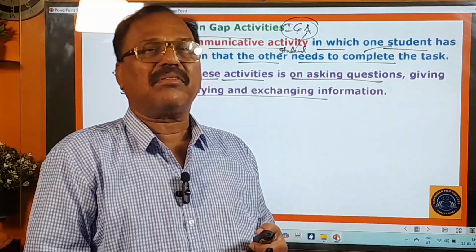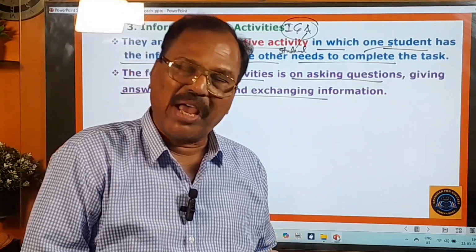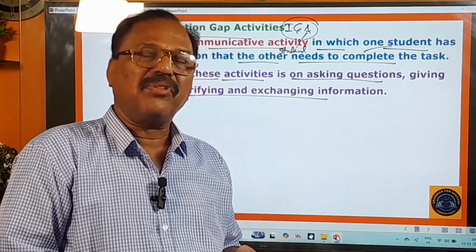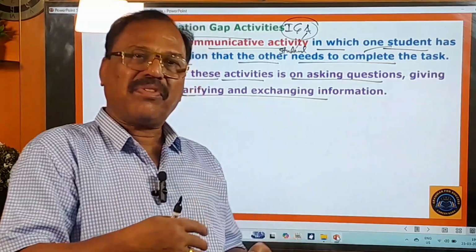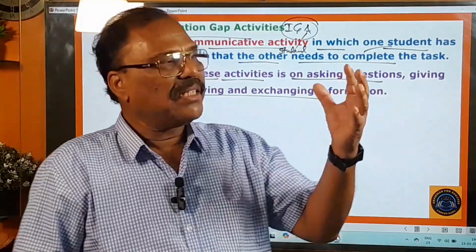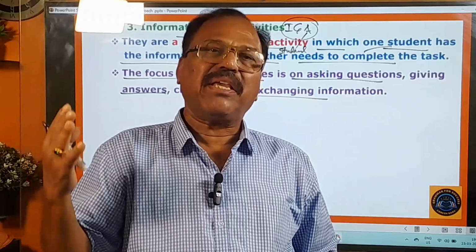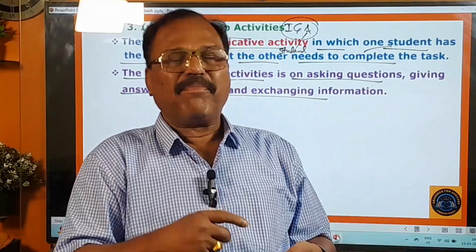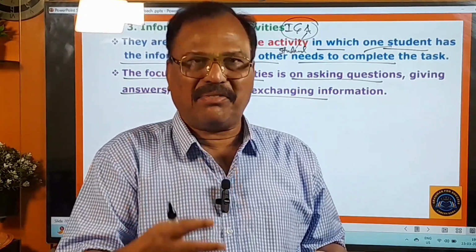Student A asks, can you tell me where the hospital is on your map? Then student B says, yes, it is next to the DMart on the main street, something like that. So student A is asking for the location of the hospital, and student B is providing the information with regard to that question. So this is called an information gap activity, right?